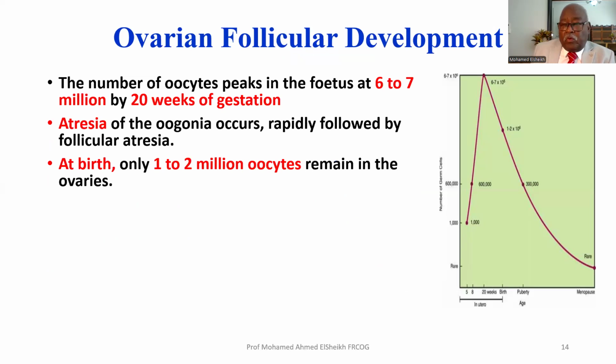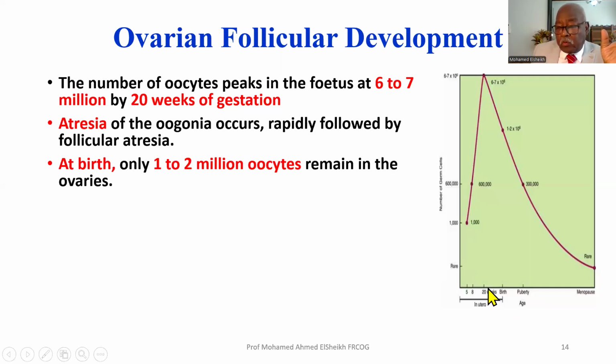The follicular development, you can see in this graph, the number of oocytes peaks in the fetus at 6 to 7 millions by 20 weeks gestation. So the number is highest at 20 weeks gestation.